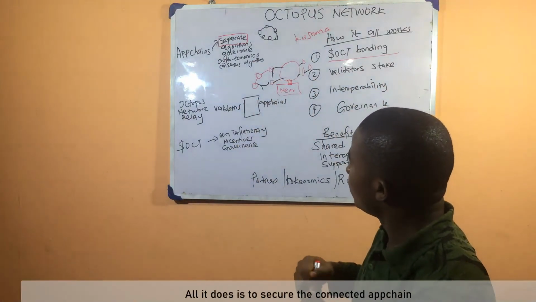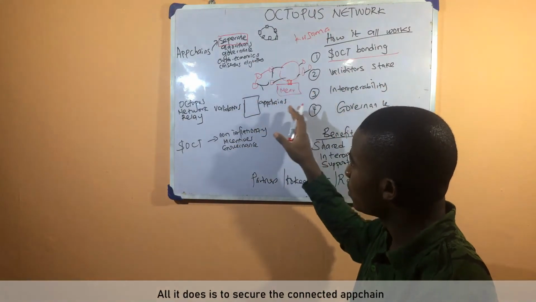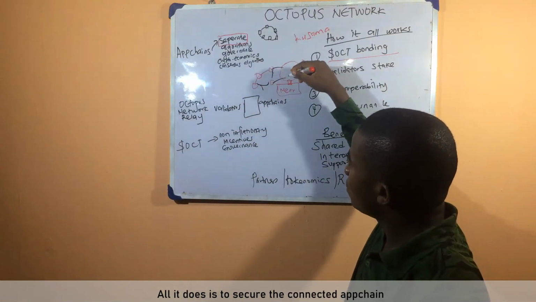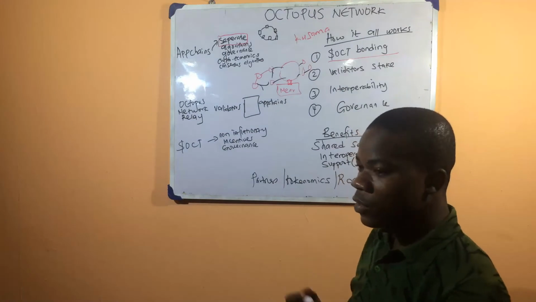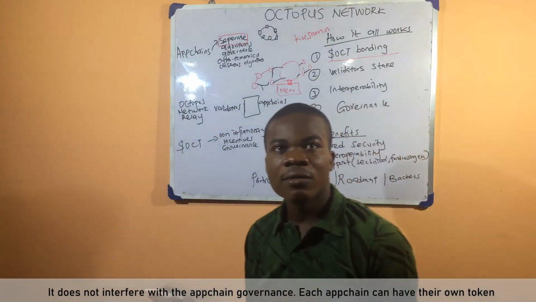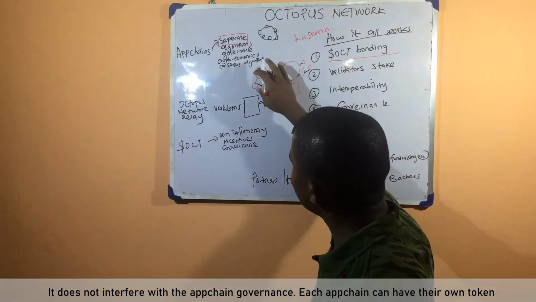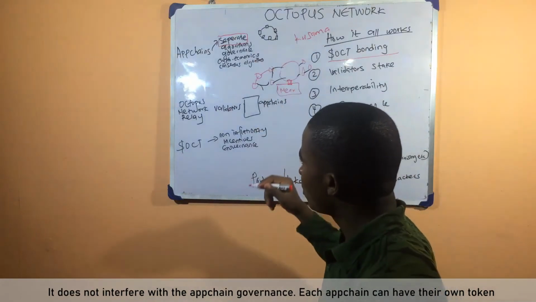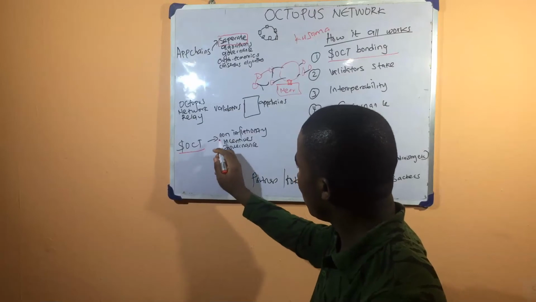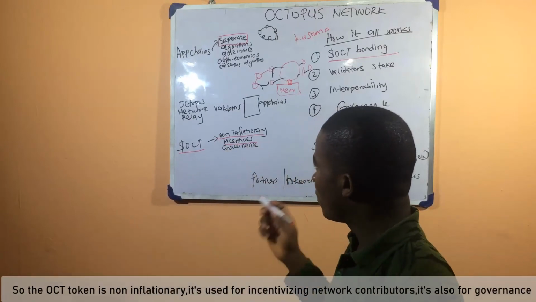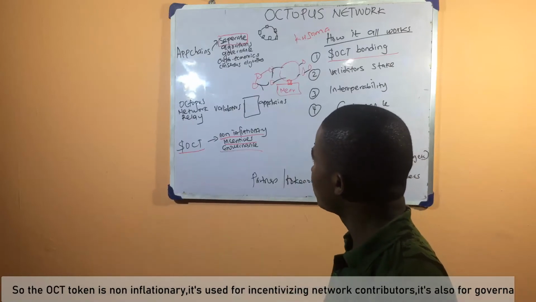What NEAR has to do is just security: this is the state in the network, and we can say, NEAR, please help me secure it. It does not interfere with the governance. So these Appchains can have their own tokens and the rest. The OCT token is non-inflationary. It's for incentives, for those that help secure, and also for governance.